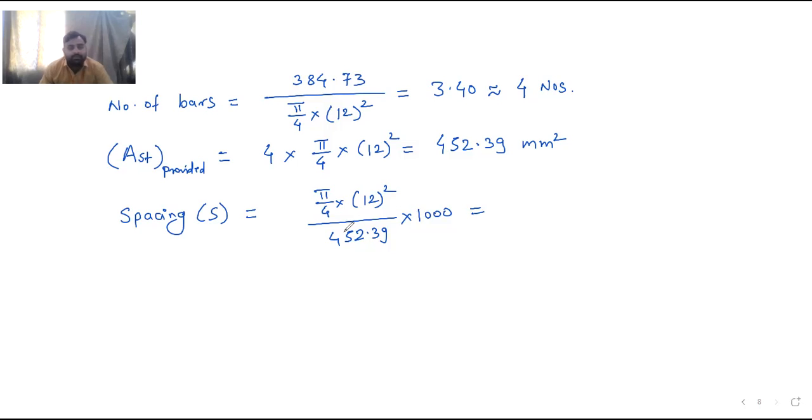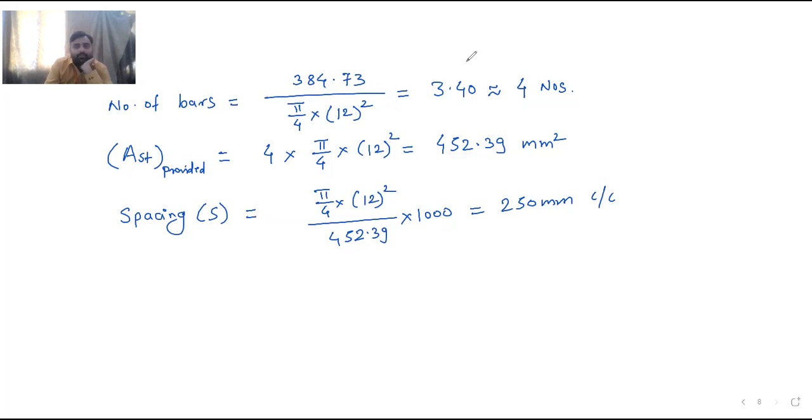Let me know the spacing. 249.99, so that is 250 mm. So round value, if you are getting 250 mm, it is okay. 250 mm center to center.